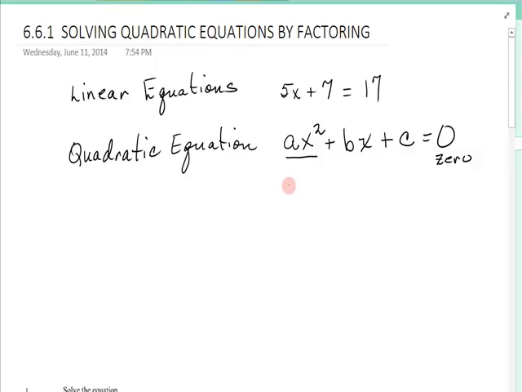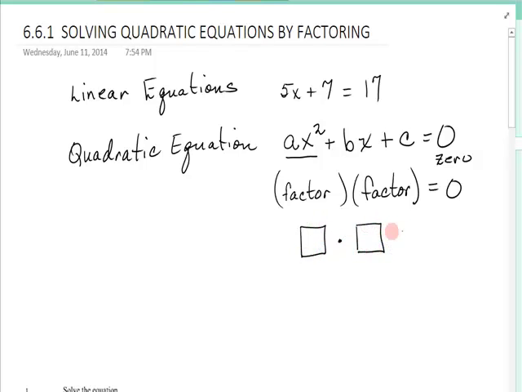Now, suppose that you have a factor times a factor. Those would be the factors of that, equal to 0. There is something called the zero factor property, and it says if a quantity times another quantity equals 0, then either this one is 0 or this one is 0.